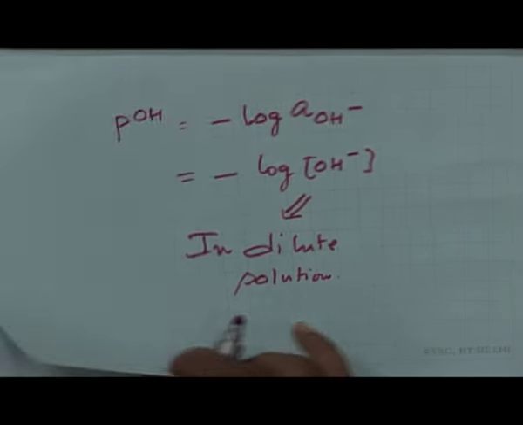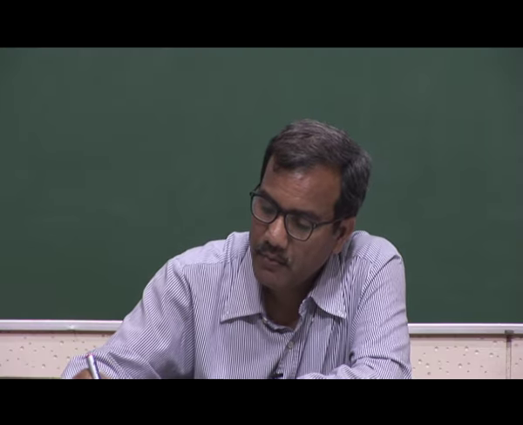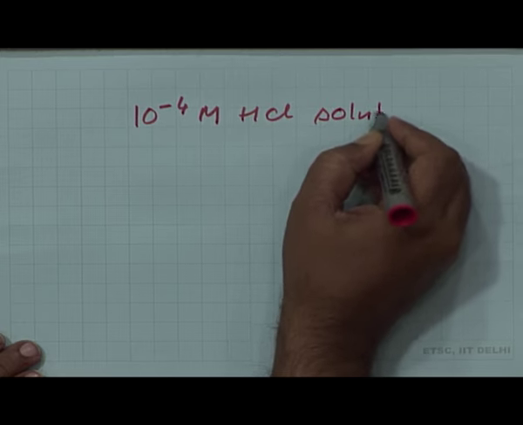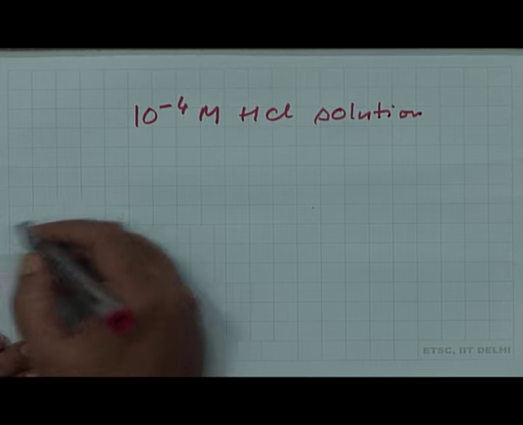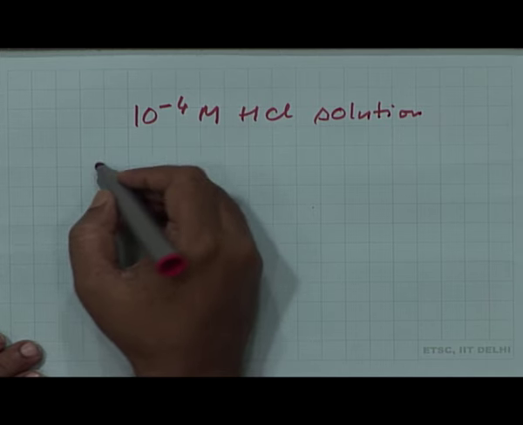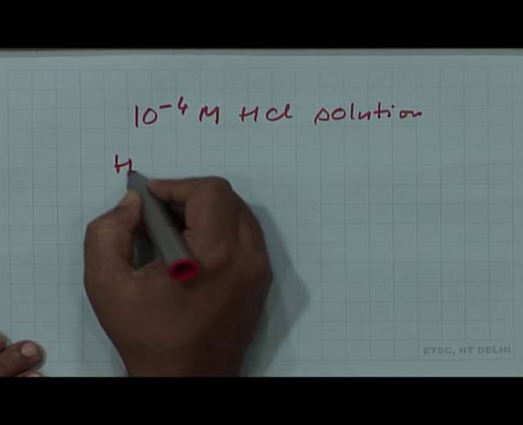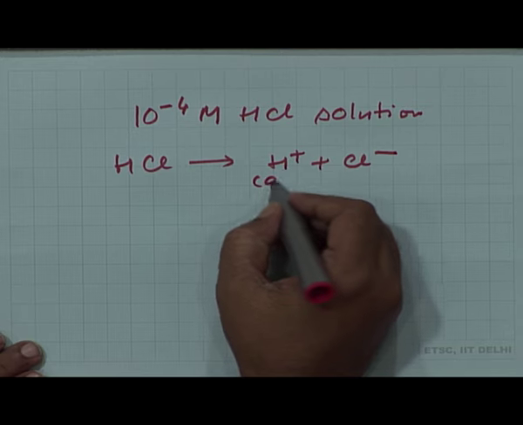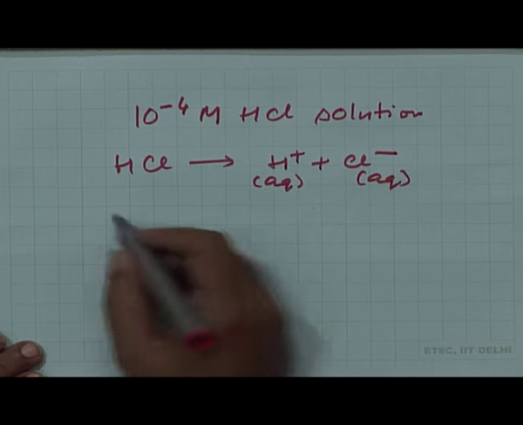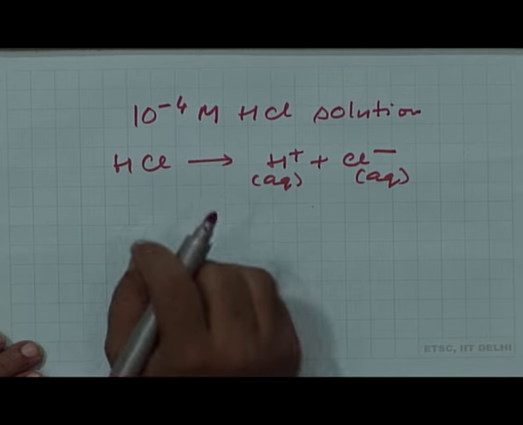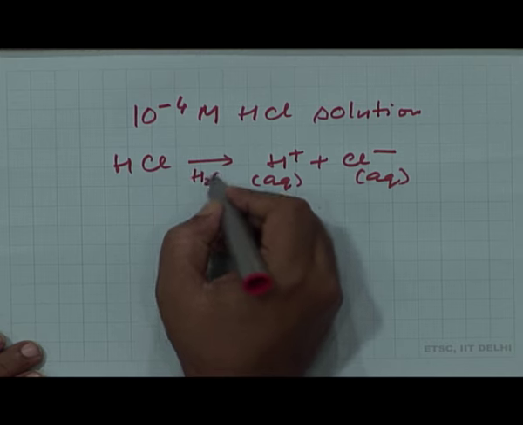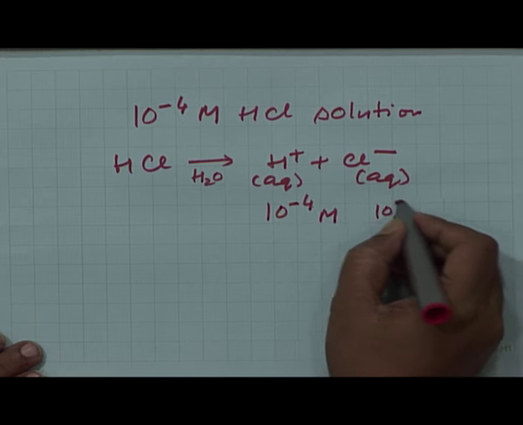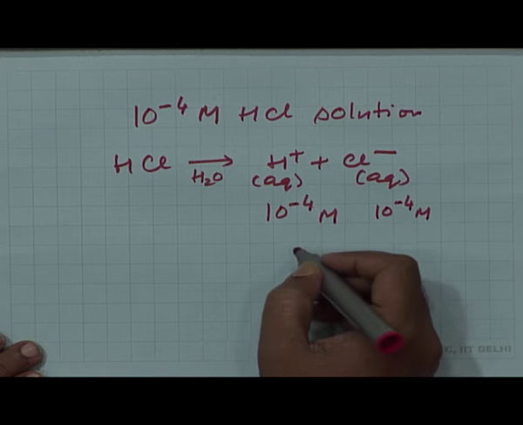So, for example, if I take 10 to the power minus 4 molar HCl solution, since HCl is completely dissociated in water, what you will get is 10 to the power minus 4 molar of H plus ion and 10 to the power minus 4 molar of Cl minus.